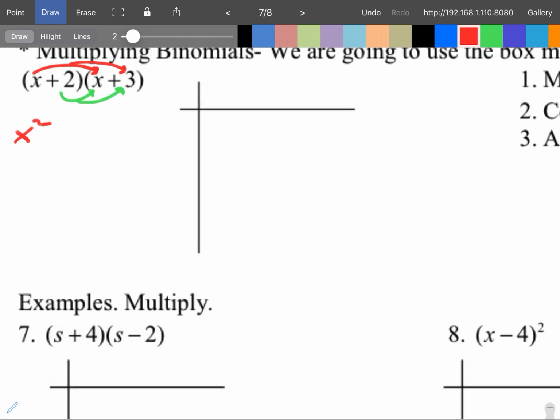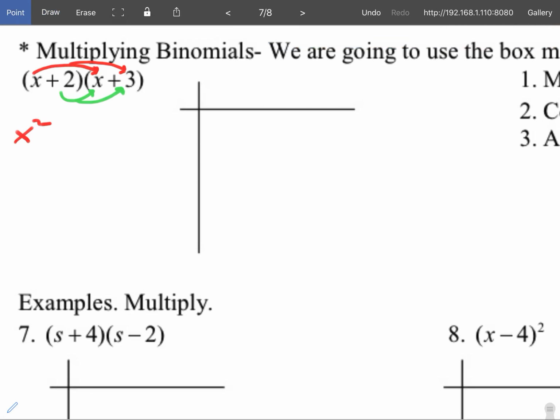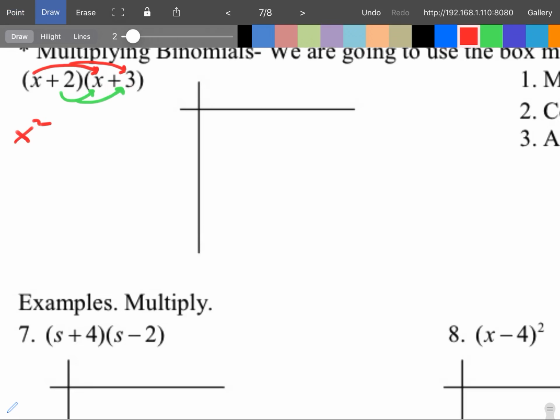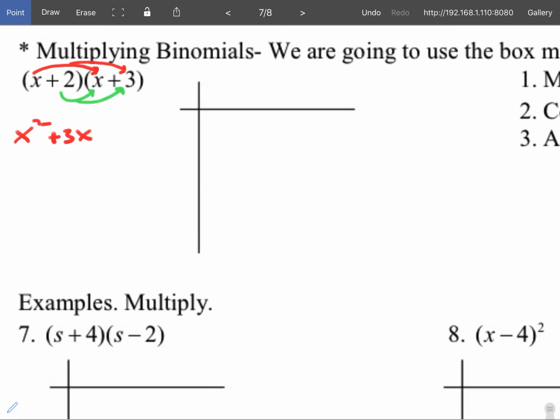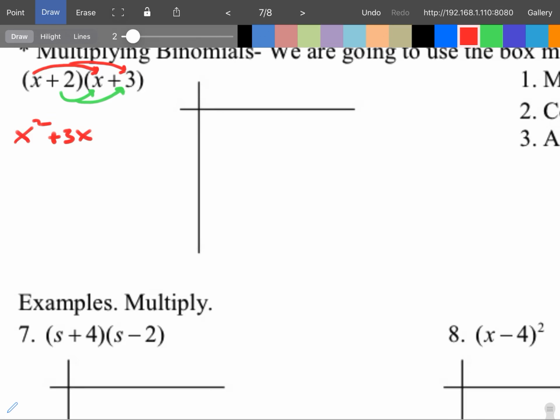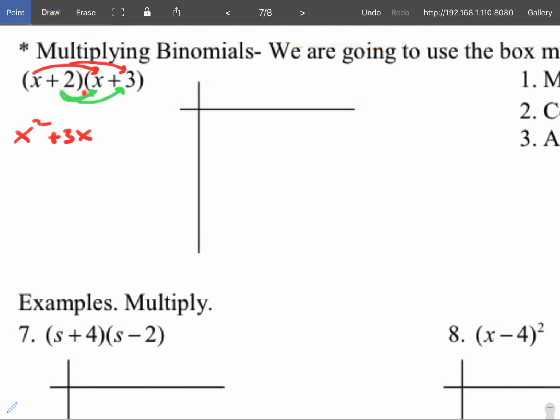Well, that's the first terms multiplied together. That's where you get the F in the word FOIL. Then you do the x times the positive 3. So that's going to give you a positive 3x. That's the 2 outer terms. That's where the O comes from in FOIL. Then in the green, you're going to do the positive 2 times the x right here.